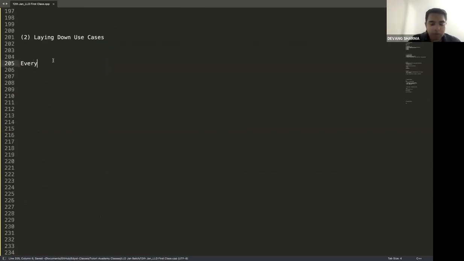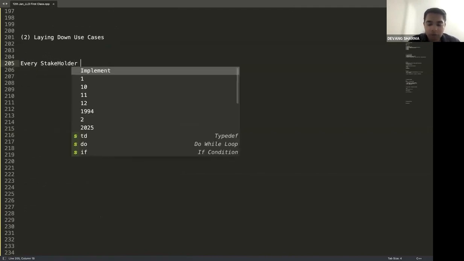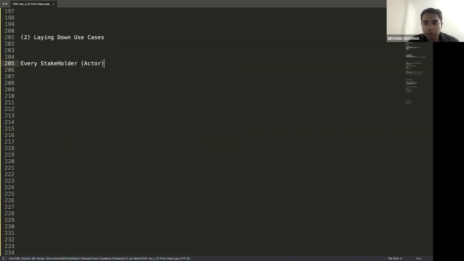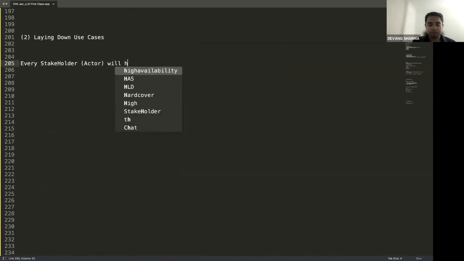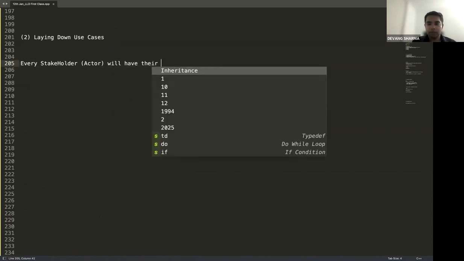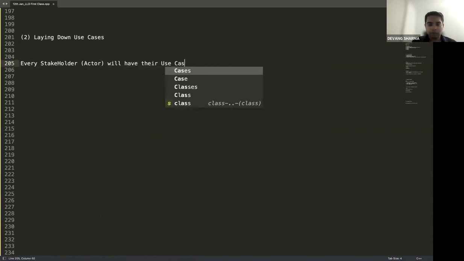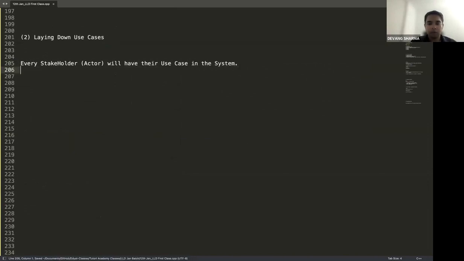Every stakeholder, which we also call an actor, will have their use case in the system. Based upon that, we need to understand and write down their specific use case. Let's take a simple example to understand that.